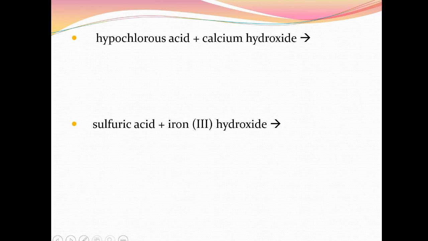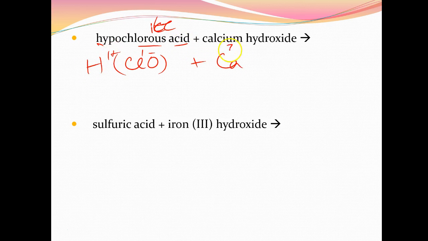All right, now here's where it gets hard. I'm giving you the words. And again, drop and swap first. Trade the cations, balance last. So hypochlorous acid tells me it comes from hypochlorite. Hypochlorite is ClO 1 minus with H 1 plus. That's what the acid means.